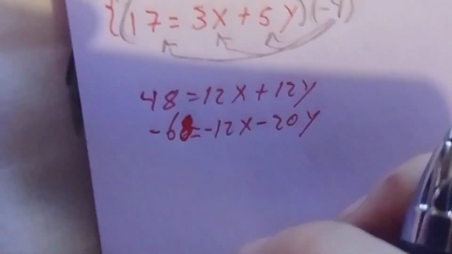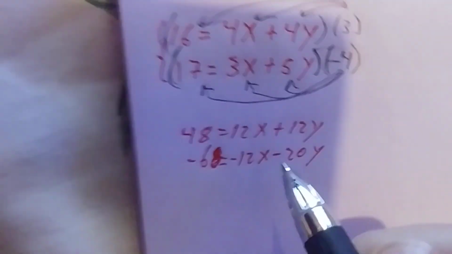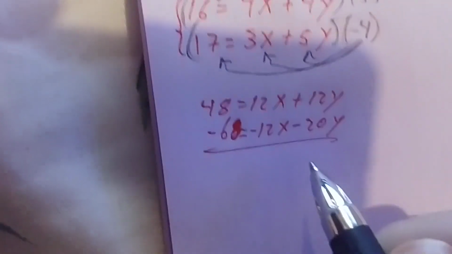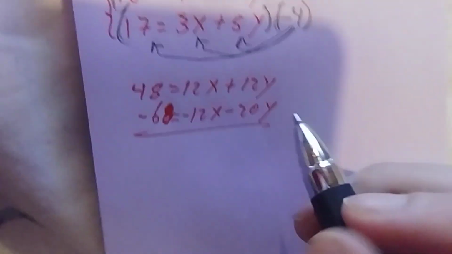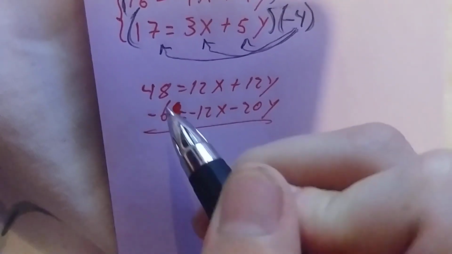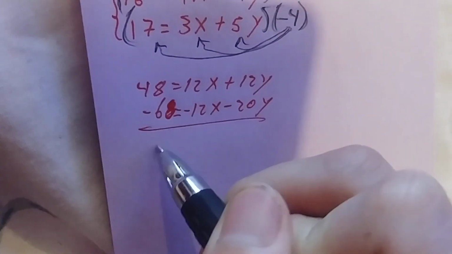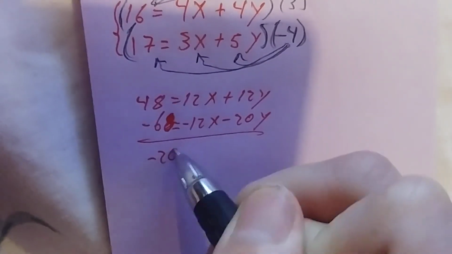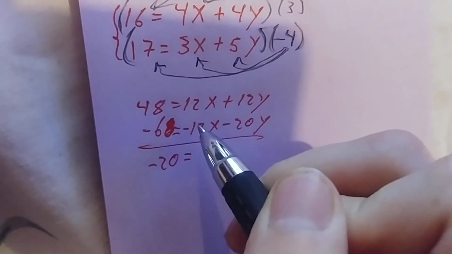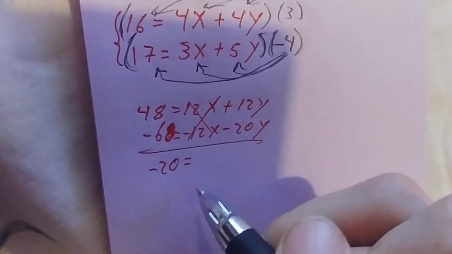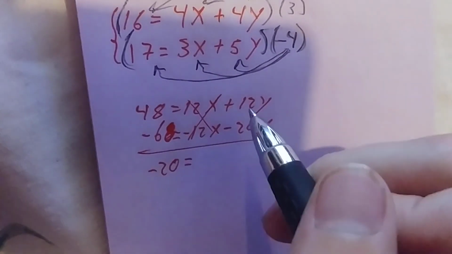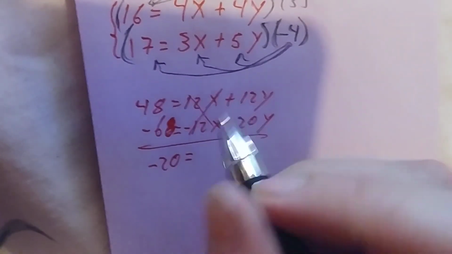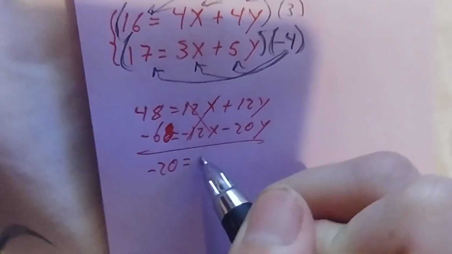There we go. So now I can add these 2 equations. From 48 and negative 68, I get negative 20. From 12x and negative 12x, those cancel out. And from 12y and negative 20y, I get negative 8y.